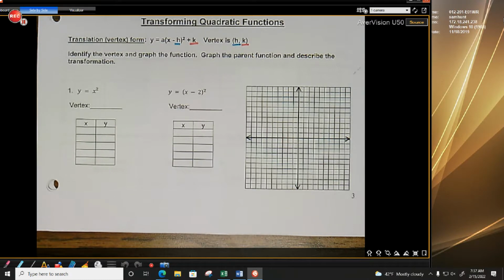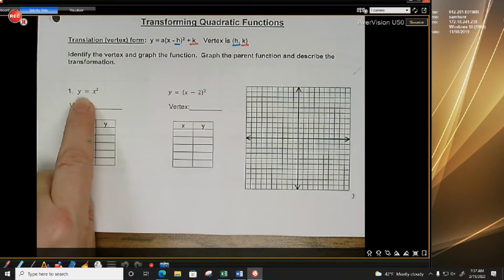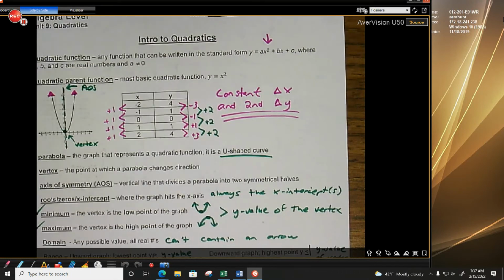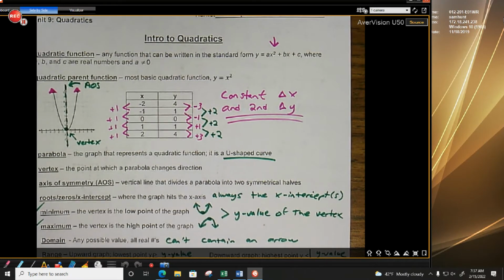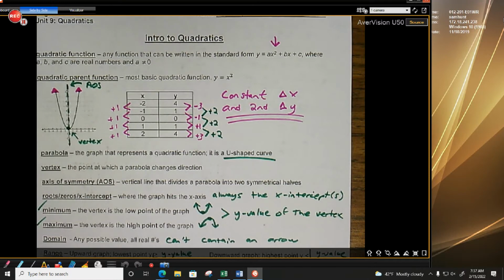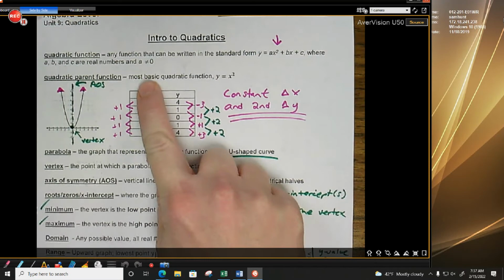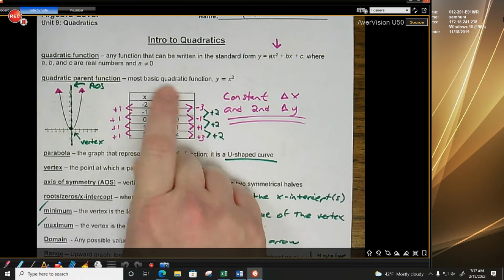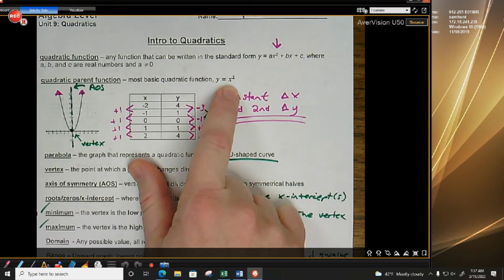Okay? So, last class also, did we go over that y equals x squared? That's your parent function? Y'all did. Your quadratic parent function is y equals x squared.